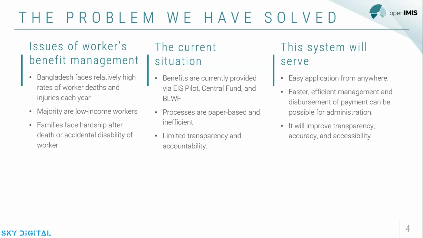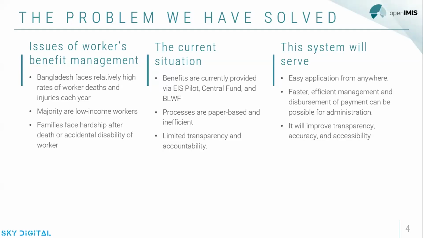It was actually paper-based, and when we deliver any service through paper, it's very difficult to ensure transparency in terms of duplicacy, or sometimes fake workers claiming for insurance, that sort of thing.